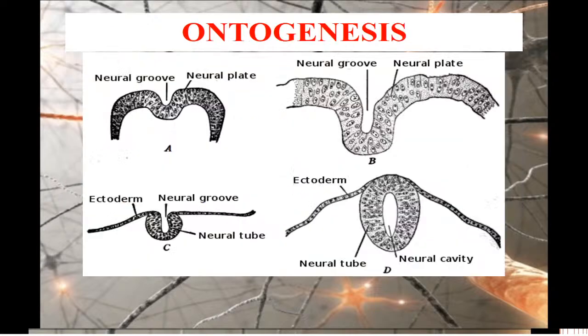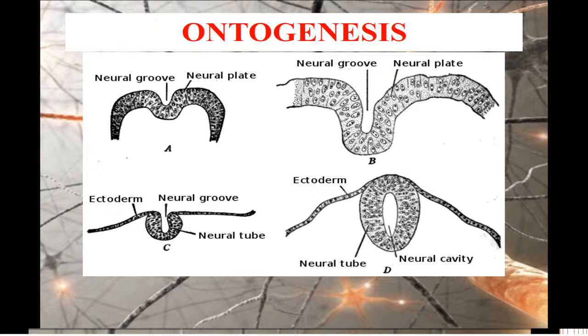I hope you all remember the embryonic origin of nervous system is the ectoderm, especially its part which is known as the neuroectoderm. This neuroectoderm first forms the neural plate, where the invagination known as the neural groove is formed.